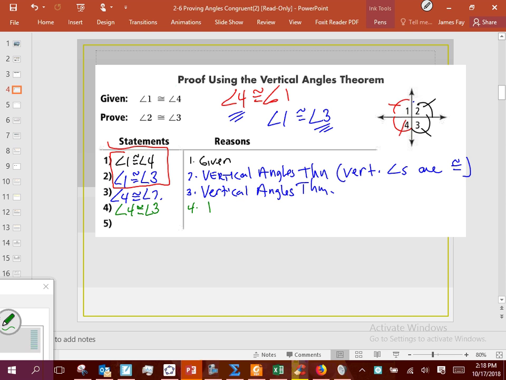If you said substitution, I'm not going to say no. I'm not going to say it's absolutely wrong because you're saying, okay, if 4 and 1 are the same, I'm going to come down here and replace that 1 with 4, right? So substitution, I don't think is a wrong answer. But what they're looking for here is traditionally transitive. But again, I would agree with substitution.